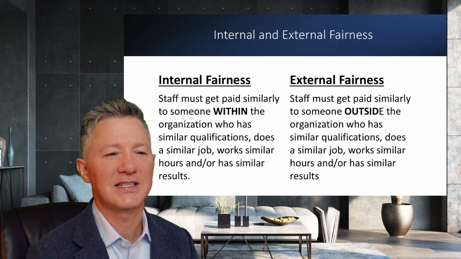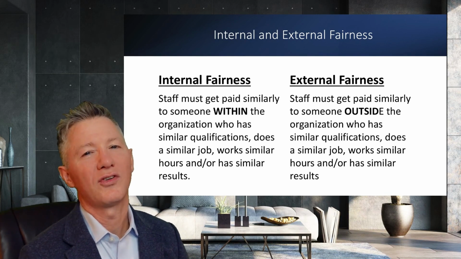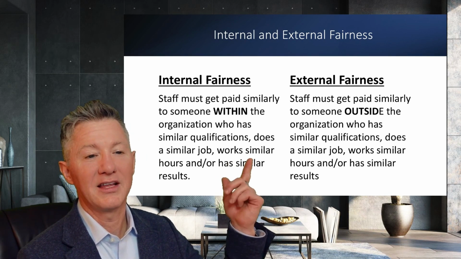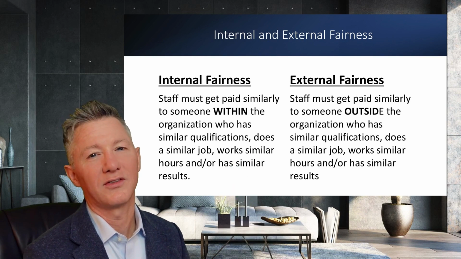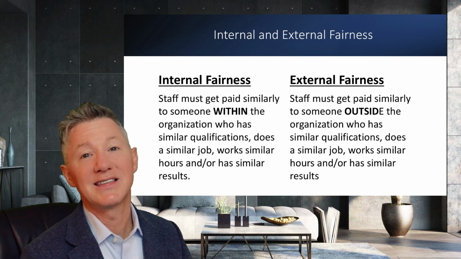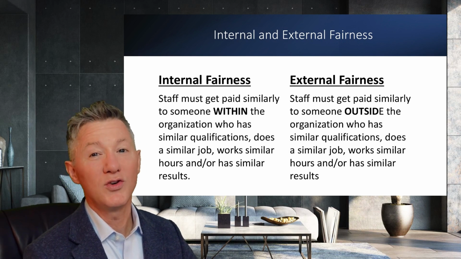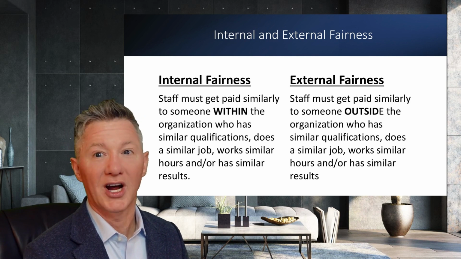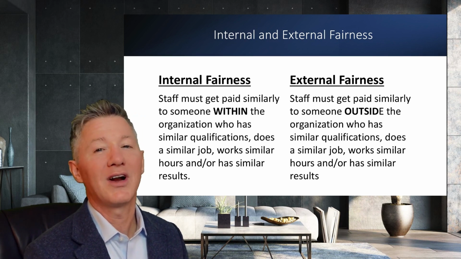One of the things he talks about is the concept of internal and external fairness. When you're paying your staff, you can't violate these rules. Internal fairness is that a staff member must get paid similarly to somebody within your organization who has the same qualifications, does a similar job, works similar hours, and/or has similar results.